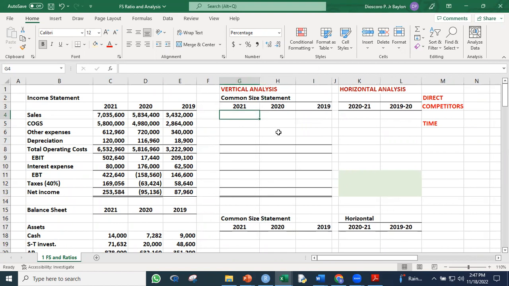Once again, the common size statement reflects all the accounts in your income statement in terms of sales. I'll give you a few seconds, please. Write the formula here, such that when you copy it to the right or down, it should give us the correct answer.